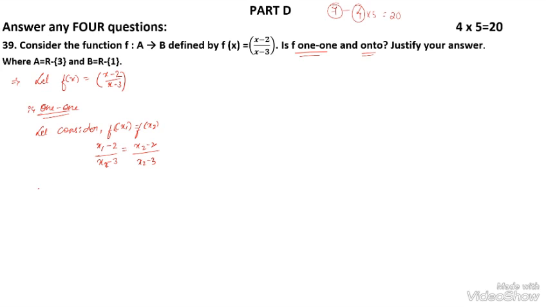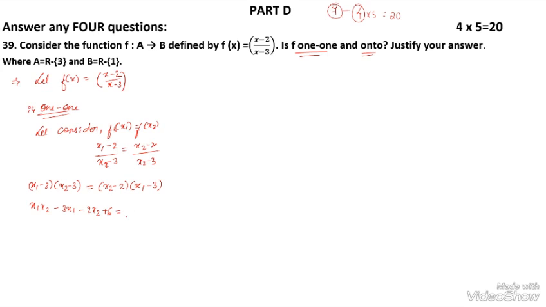Taking the cross multiplication here, that is (x1 - 2)(x2 - 3) = (x2 - 2)(x1 - 3). Taking the multiplication, x1 into x2 is x1x2, x1 into minus 3 is minus 3x1, minus 2 into x2 is minus 2x2, minus into minus is plus 6.